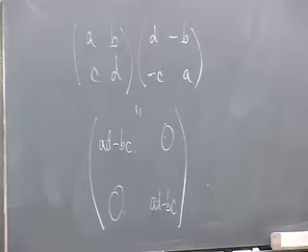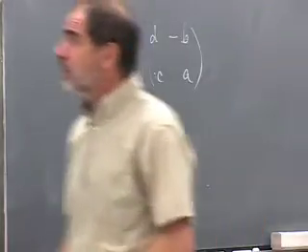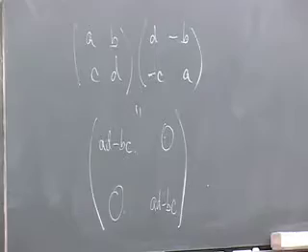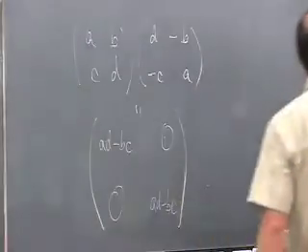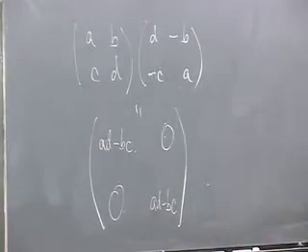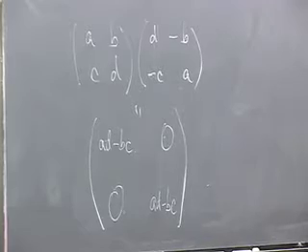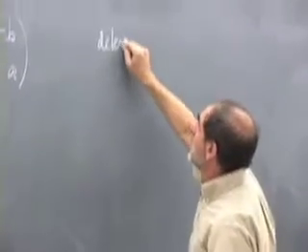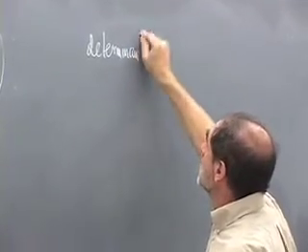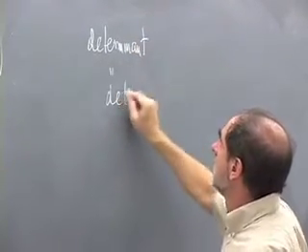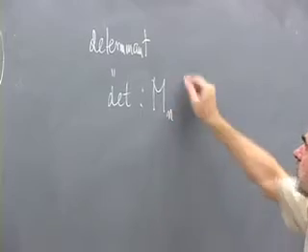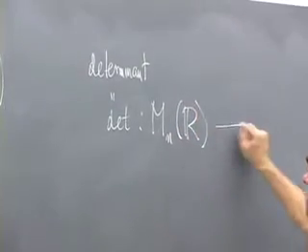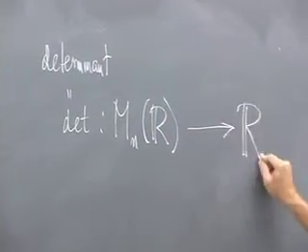OK? Now, in general, the answer to the question of whether a matrix is invertible or not is the following. There's a certain function from the set of n by n matrices to the real numbers called the determinant, which I'll write just det, which maps n by n matrices over the reals to the real numbers.